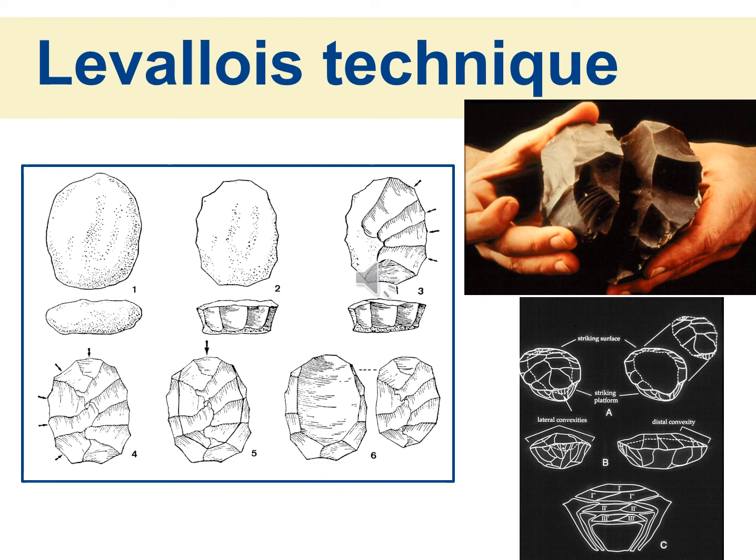It's kind of like Eidolon technology, but you're seeking out where that point is on a platform of the core, and then you have one major strike to knap it or knock it off. And you do this several times to try to make as many stone points as you can out of a single rock or core. And this is probably one of the earliest methods of mass production. So mass producing stone tools out of one single core.